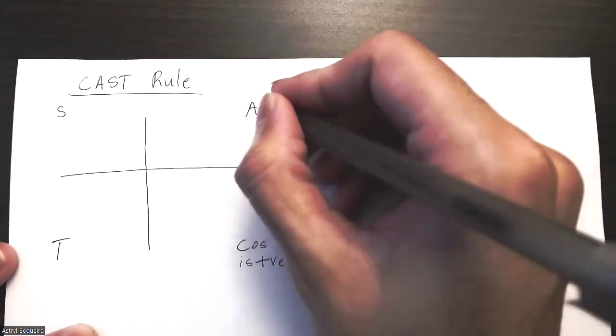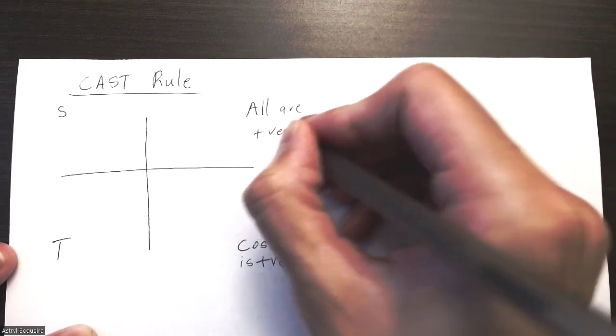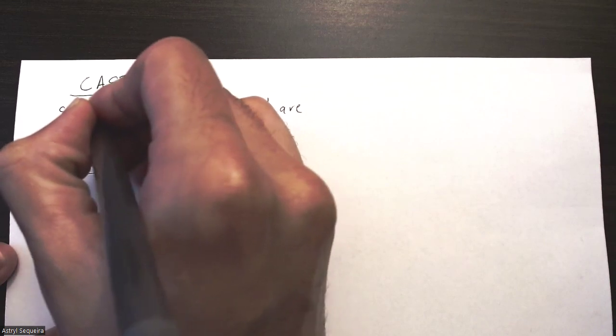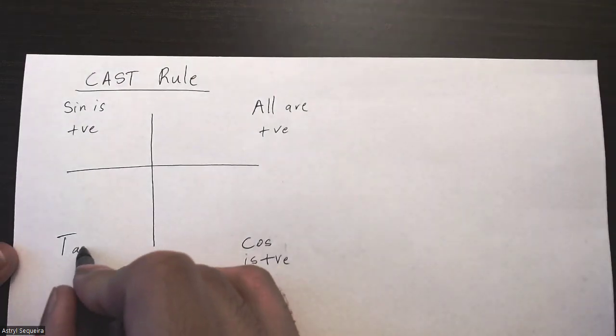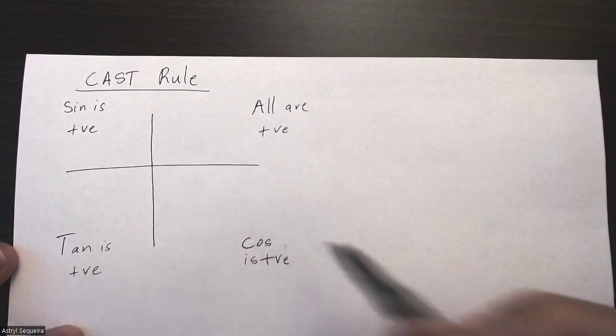A stands for all are positive. S stands for sine is positive. And T stands for tan is positive.